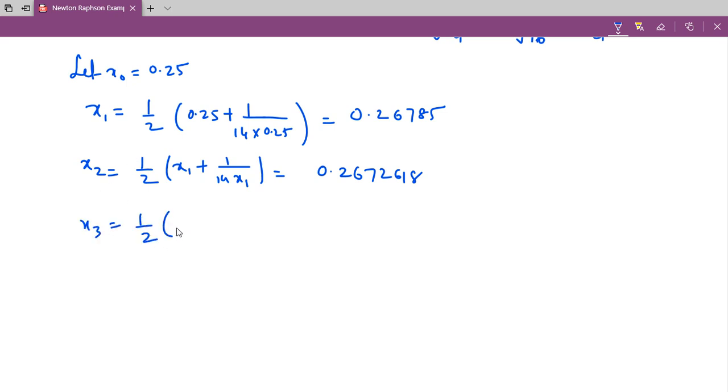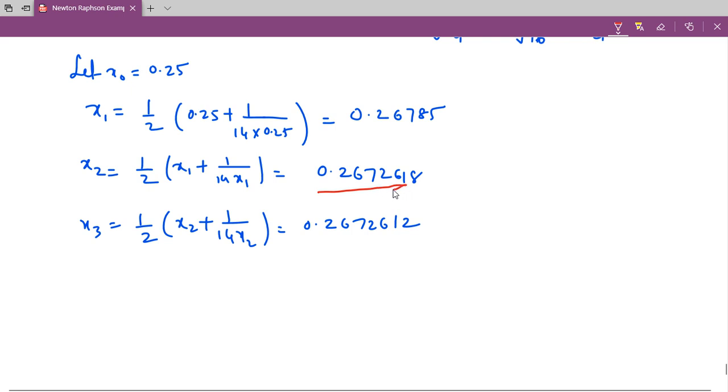Now let us go for one more iteration, x3, that is 1/2 (x2 + 1/(14 x2)). This gives the third iterated value, 0.2672612. So now we have got an approximate root up to 6 decimal places.